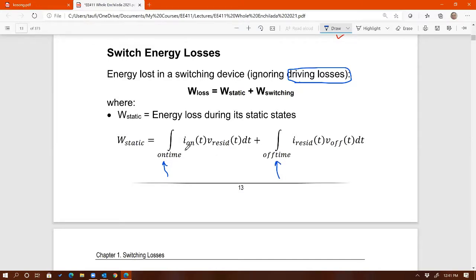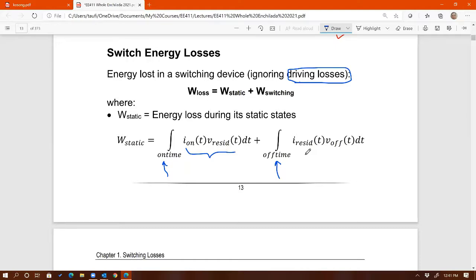If you look at the equation for power inside, which is I times V, I here is I on. That's the current when the switch is fully conducting, which is practically DC current, flat. Same thing with the residual voltage. When the switch is conducting, we have a forward drop across the switch. I know that depends on the amount of current, but for a given current, that forward voltage is practically constant.